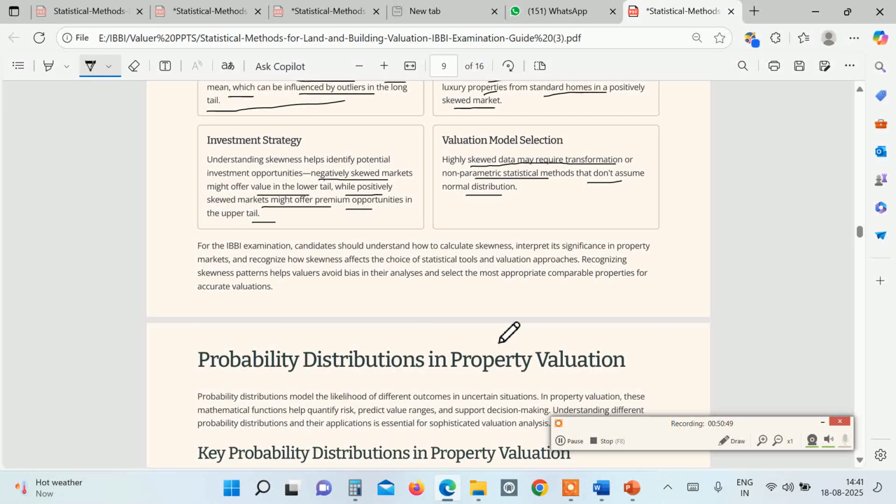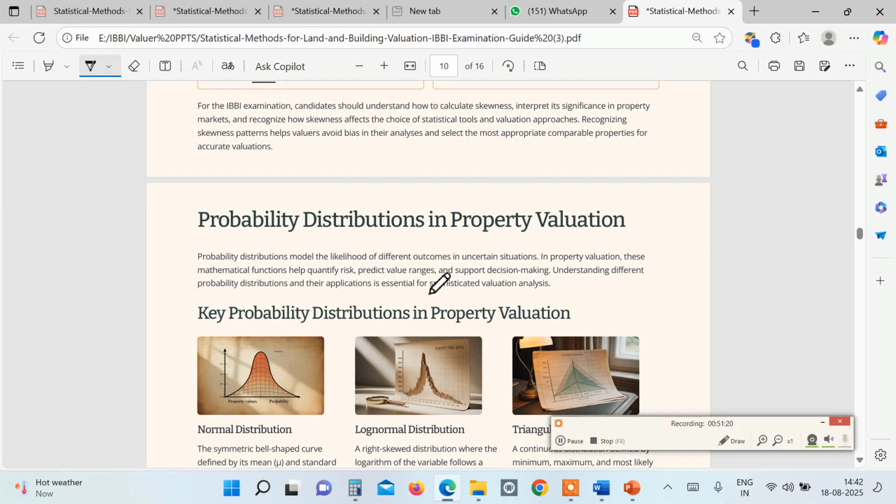As far as the IBBI examination is concerned, candidates should understand how to calculate skewness, interpret its significance in property markets, and recognize how skewness affects the choice of statistical tools and valuation approaches. Recognizing skewness patterns helps valuers avoid bias in their analysis and select the most appropriate comparable properties for accurate valuation.